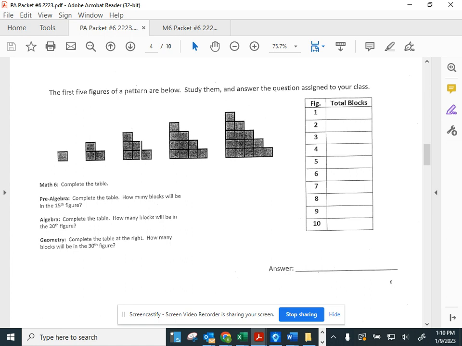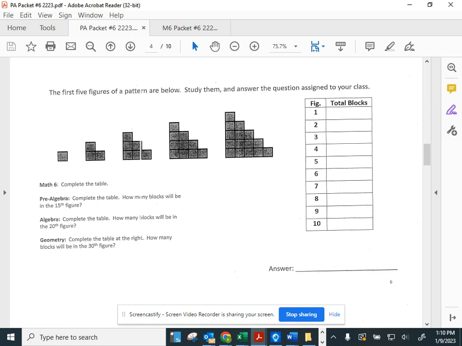For our pattern, we need to find the pattern to complete the table, and then to go down to the 15th figure. What I was explaining to one of our classmates last week was that sometimes it's easy to find the pattern, and then the challenge is to find the rule.